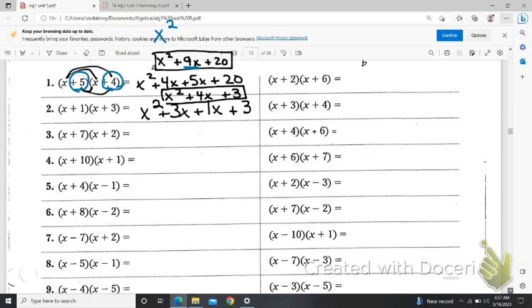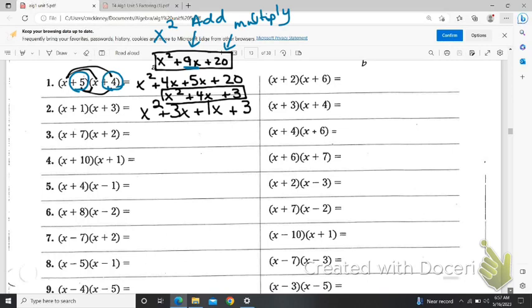Now that's always going to have an x with it because it really is getting multiplied times those x terms and then getting added together. So the middle, we're going to add to get the middle, and then 5 times 4 is 20. We're going to multiply to get the end. So their product is the last number.